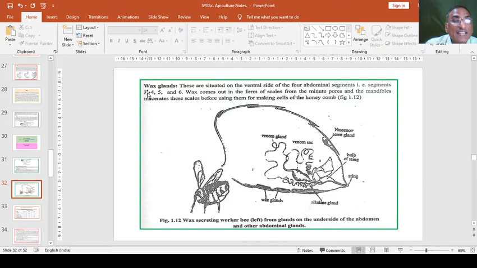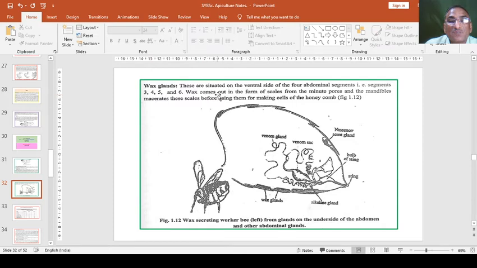Then the wax glands are situated on the ventral side of 4 abdominal segments. These glands are located ventrally, in segments 3, 4, 5 and 6. As soon as the wax is secreted, it becomes dry and forms a thin plate.